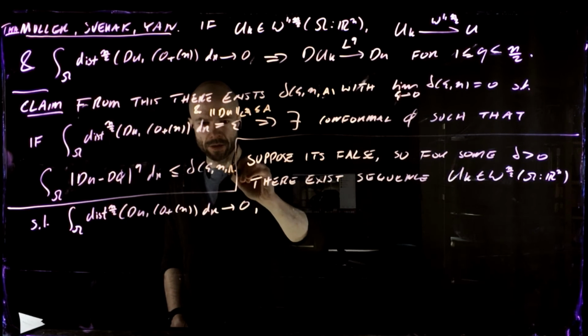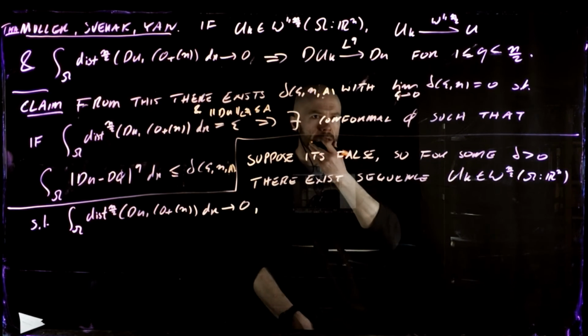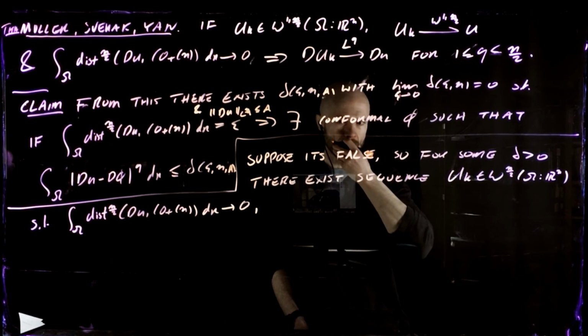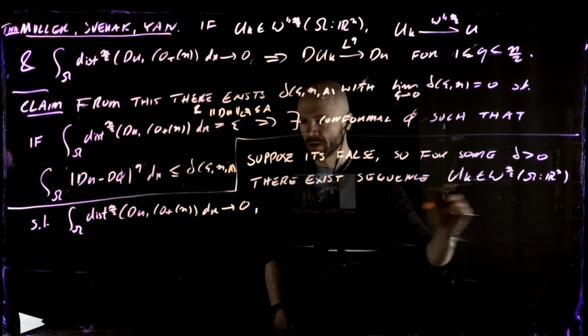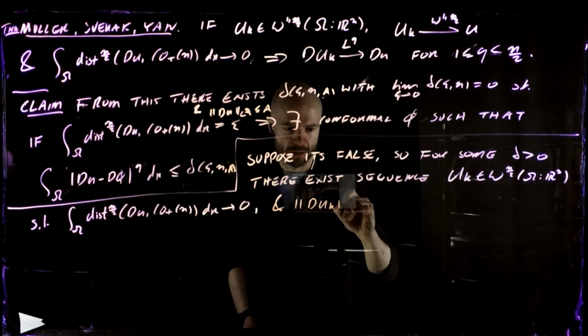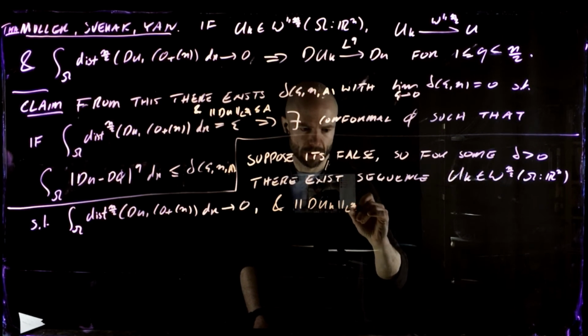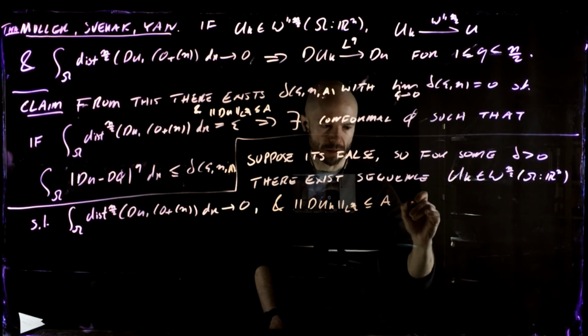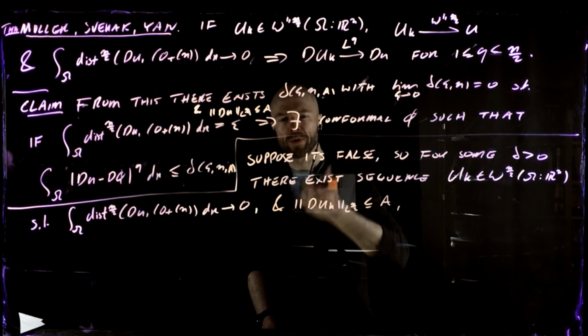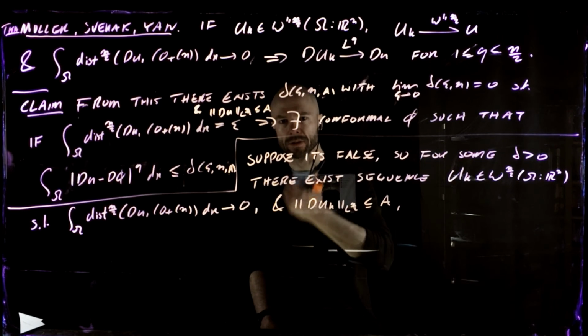So I've just realized I don't have the right to take a subsequence. So A can be any big number. If this is true, we have a sequence of this, and this gradient is less than A. As we've seen before, if we have a bounded sequence in L^p, then we have a weakly converging subsequence.